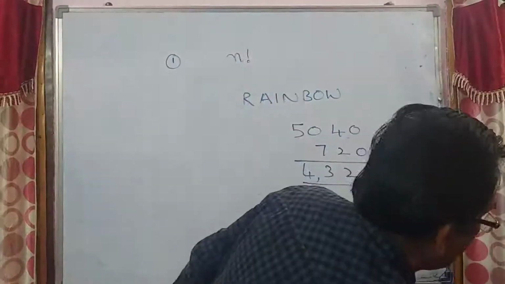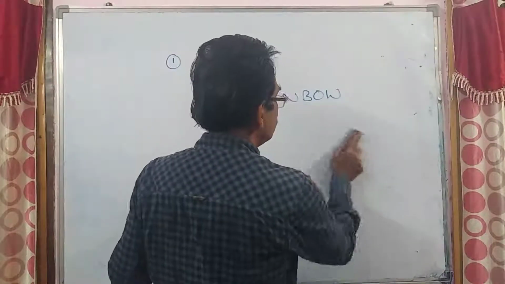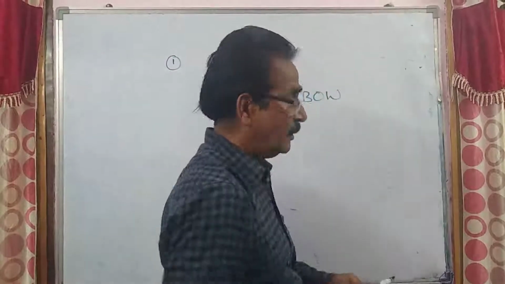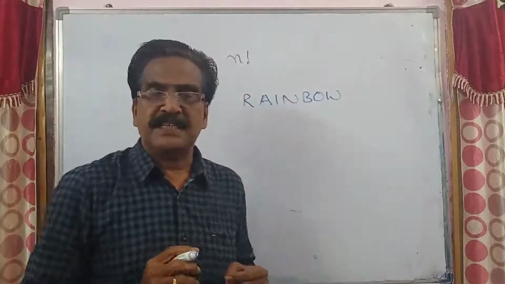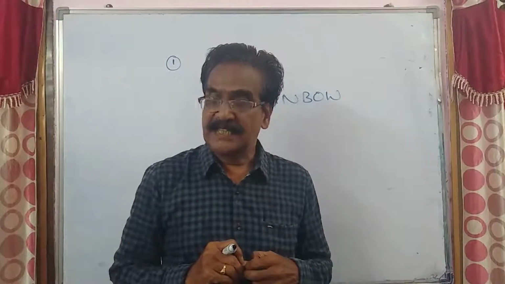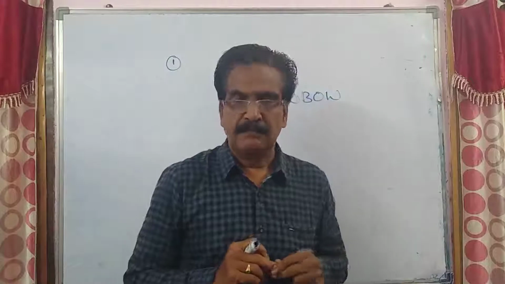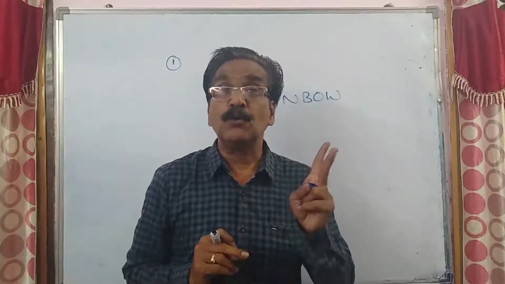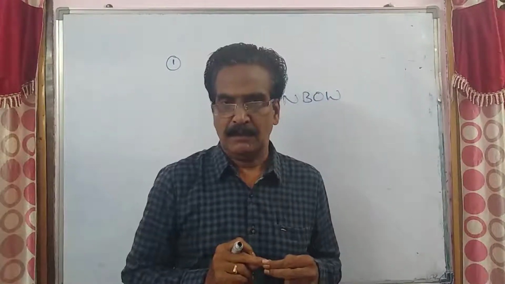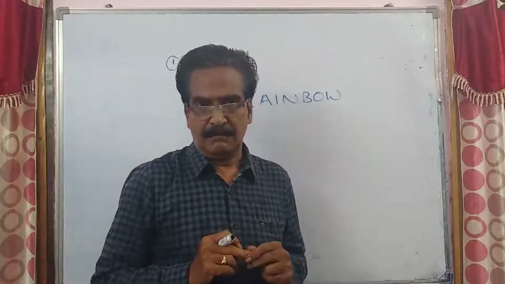Let us see one more problem. In how many ways can the letters of the word rainbow be arranged such that no two vowels come together? Here a small condition is given.